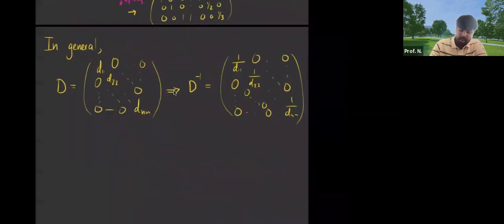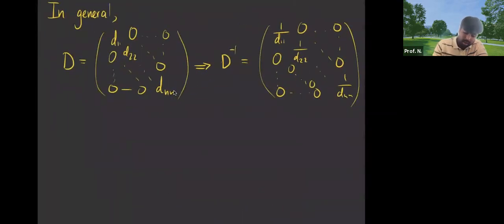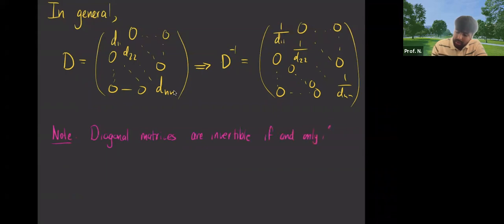Note, diagonal matrices are invertible if and only if a_ii does not equal 0 for i = 1 all the way through n.